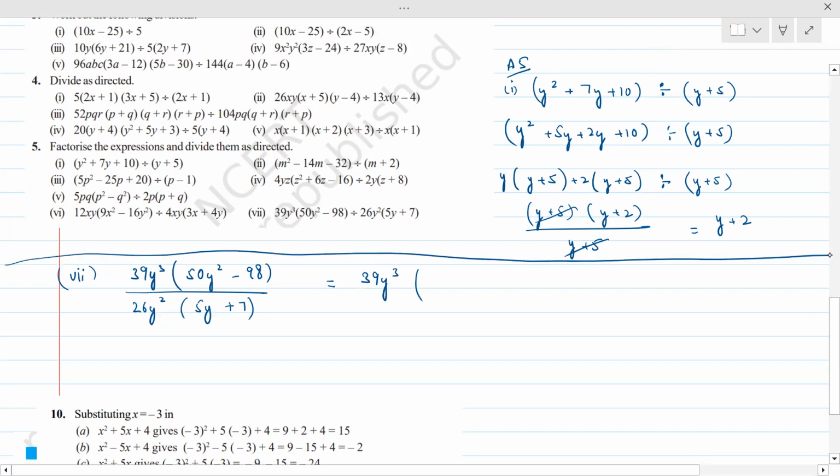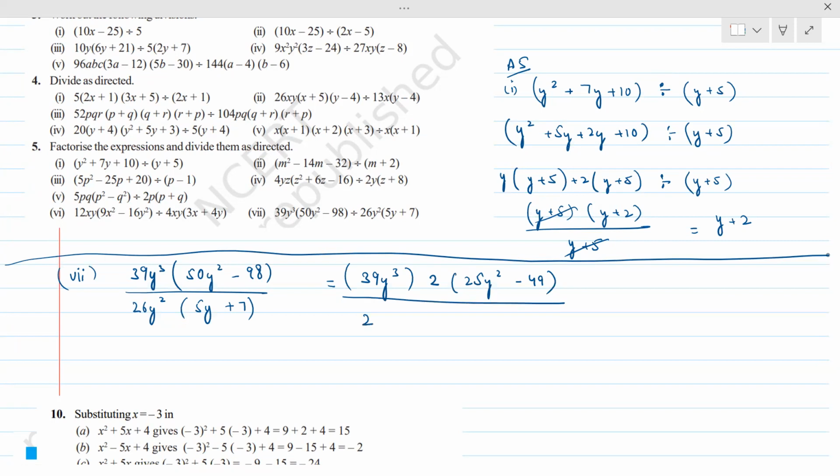Now 50y square minus 98, you can write it as 2 common with 25y square minus 49, divided by 26y square 5y plus 7.